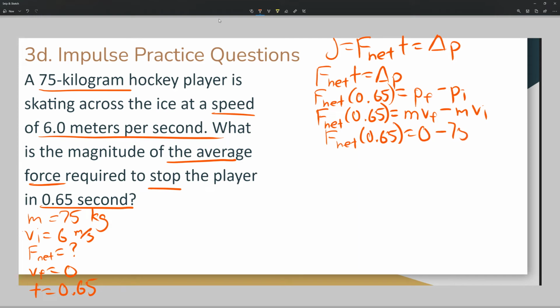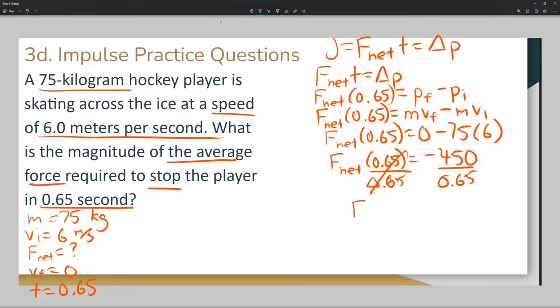Minus mass, 75. Initial velocity is 6. 75 times 6 gives me negative 450. And then divided by 0.65, and we get about negative 692.